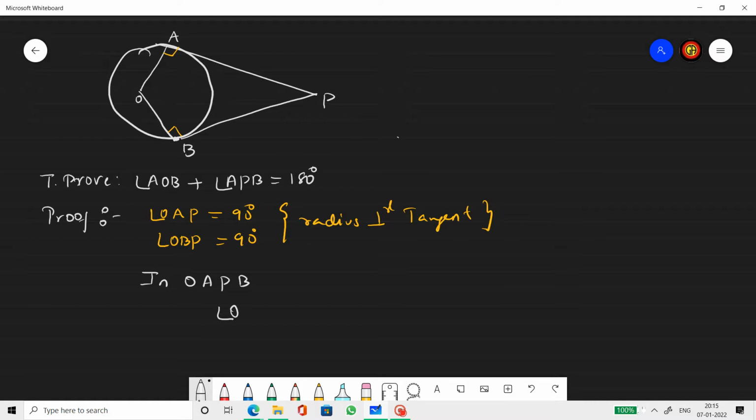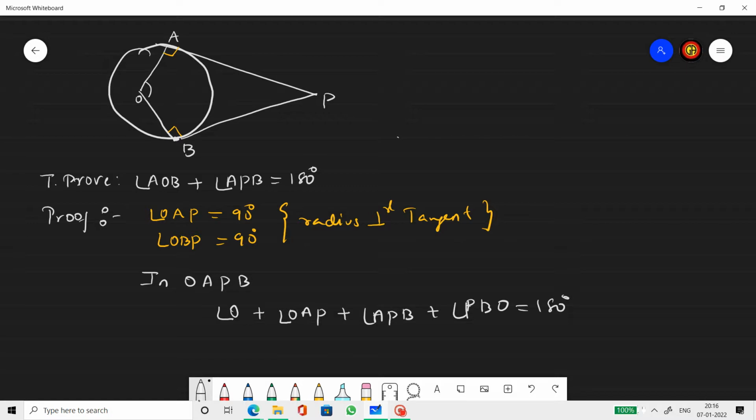So angle O plus angle OAP plus angle APB plus angle PBO equals 360 degrees. Or you can even simply write it as AB also, doesn't make much difference here.